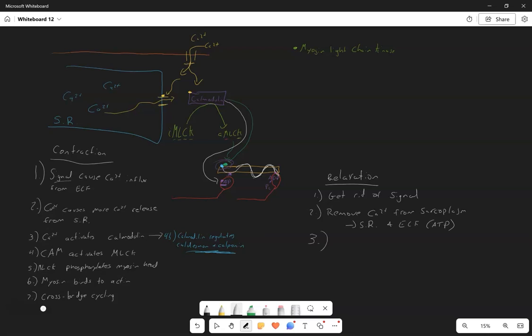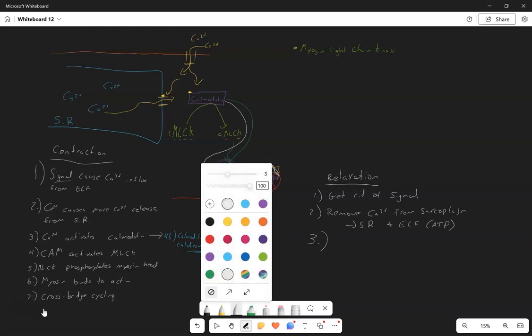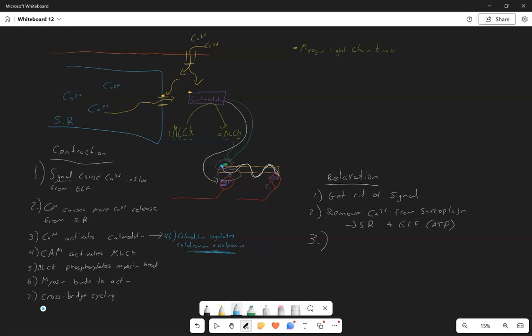Now the next thing we have to do is deal with the fact that this myosin head is attached to the actin filament. So we have to detach that myosin head, but in order to do so, we have to dephosphorylate it. What we're going to use is something called myosin phosphatase.